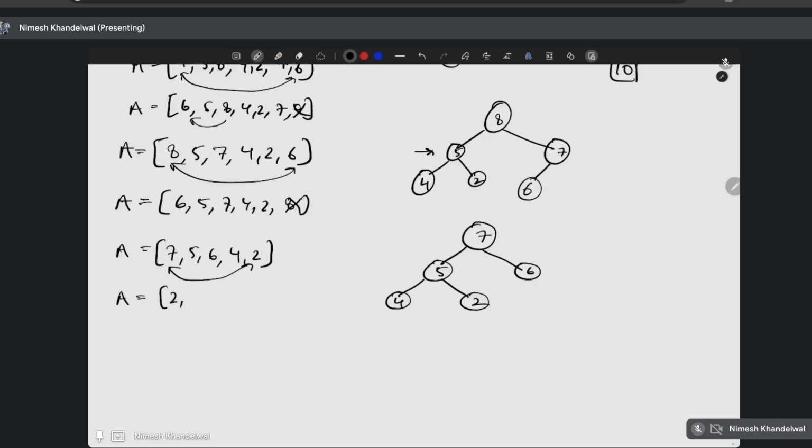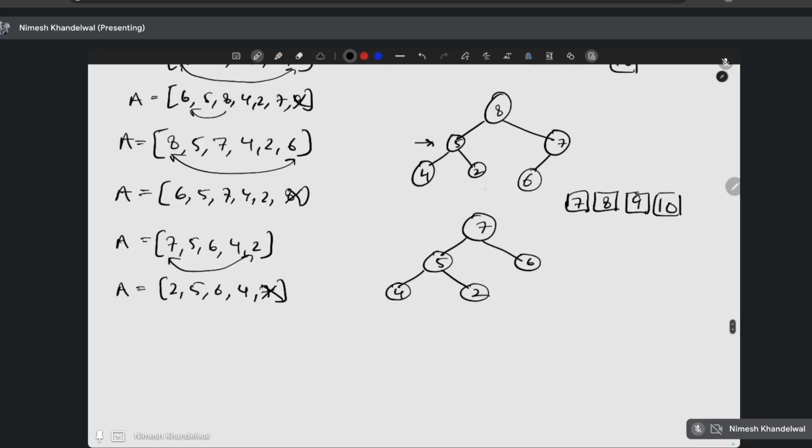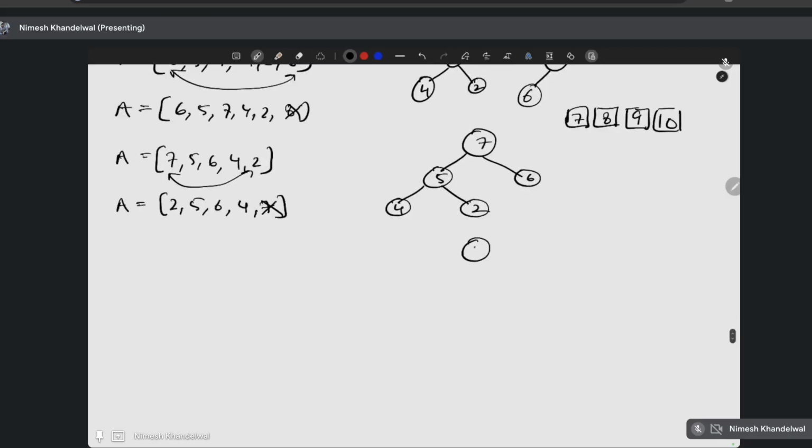It becomes 2, 5, 6, 4, and then we push it out, right? So till now what we have gotten is we got 10, we got 9, we also got 8. Right, now we also got 7.